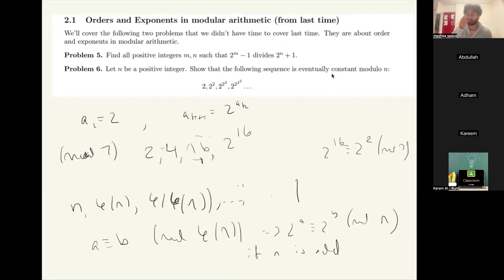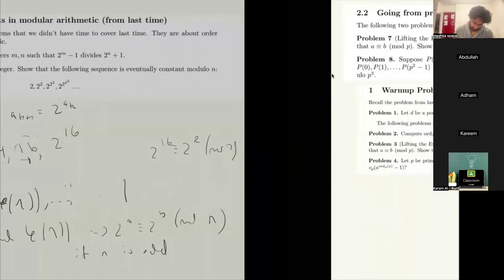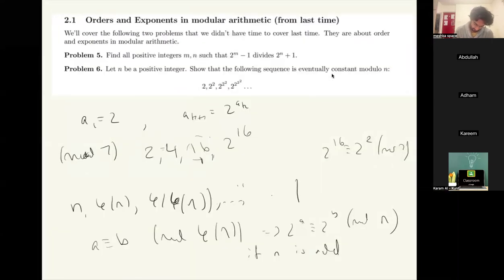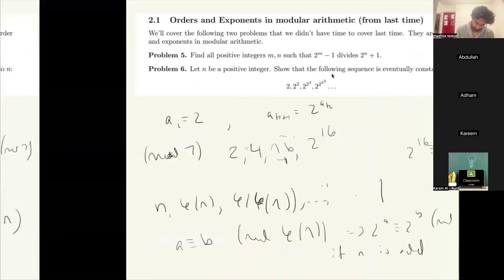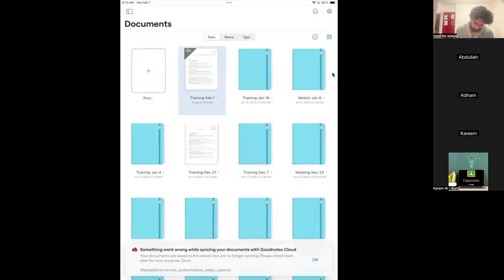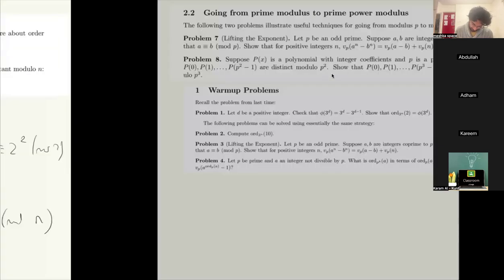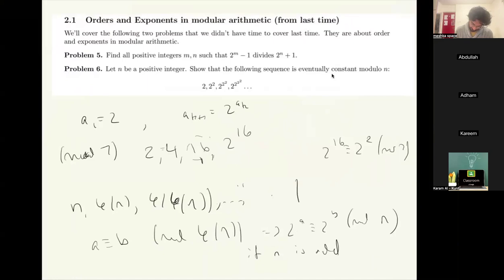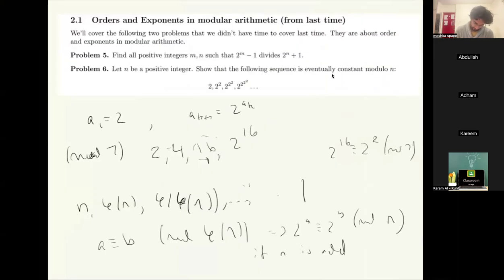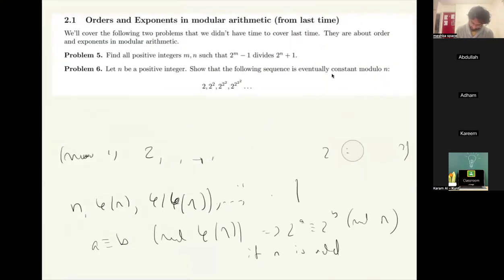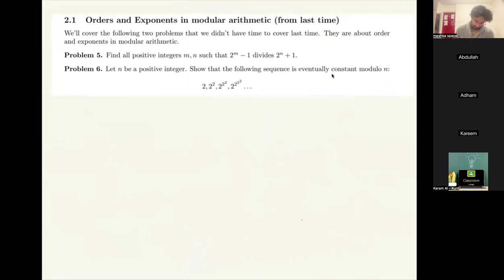So when you say even part and odd part, let's just say n equals 2 to the x times m, where m is odd. At some point all the terms in this sequence will have powers of 2 greater than x, and by the Chinese remainder theorem, we just have to solve for the odd part m.